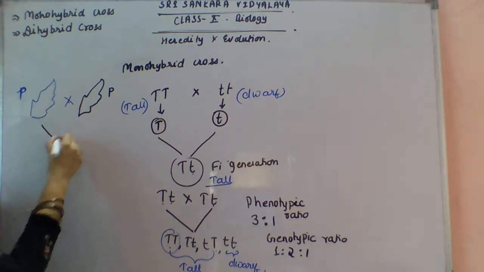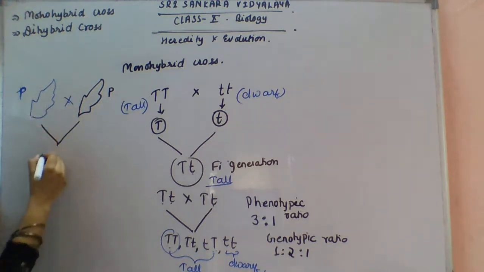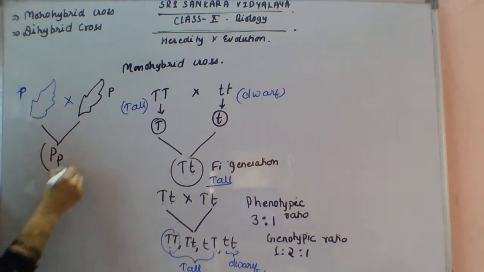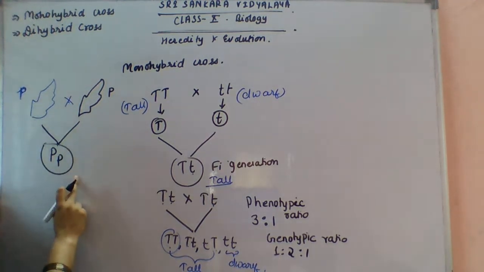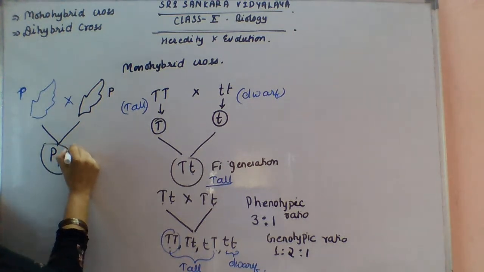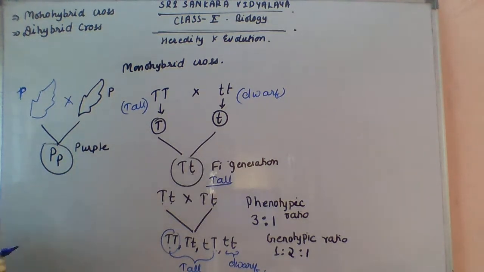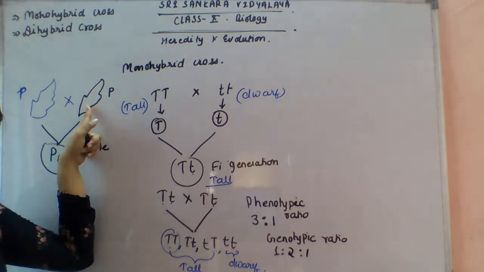So in the first generation, the F1 generation, we get capital P and small p. All the flowers in the F1 generation are of which color? Obviously purple. Why is the purple color there? Because the dominant character is purple and the recessive character is white.